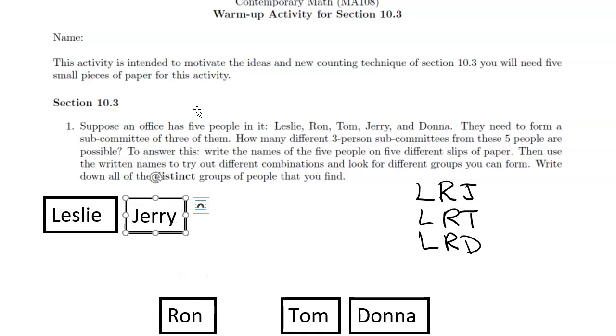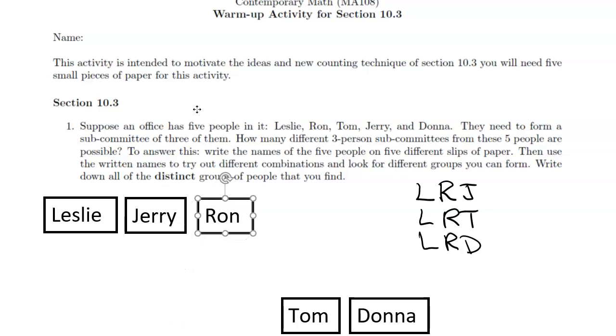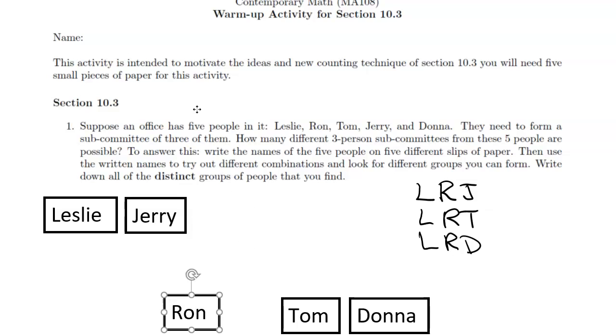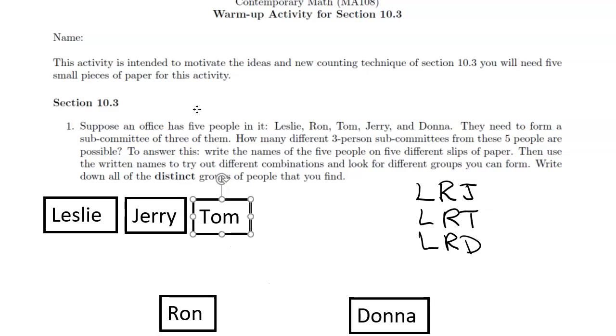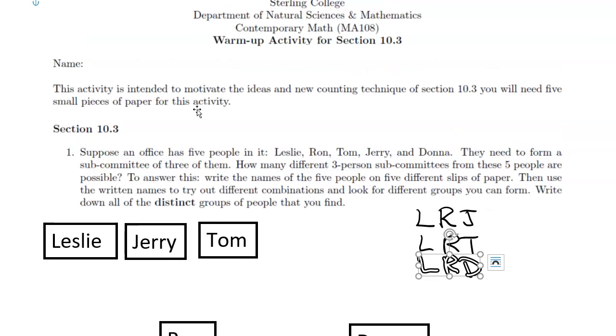Well, now at this point I have Leslie and Jerry. So I already said the group of Leslie, Jerry, Ron. So I don't need that one again. But now instead I could have the new one of Leslie, Jerry, Tom. I don't have that over here yet. And so let's write that one down.